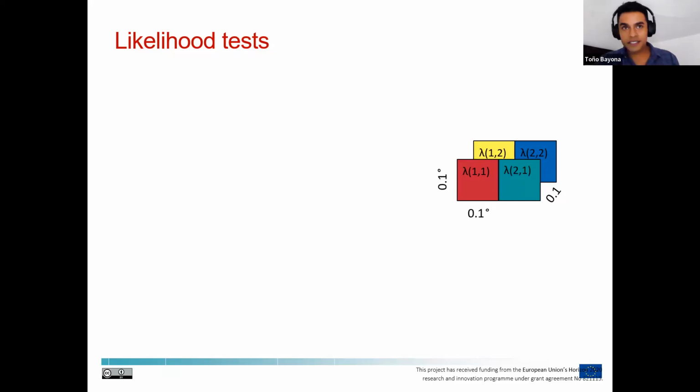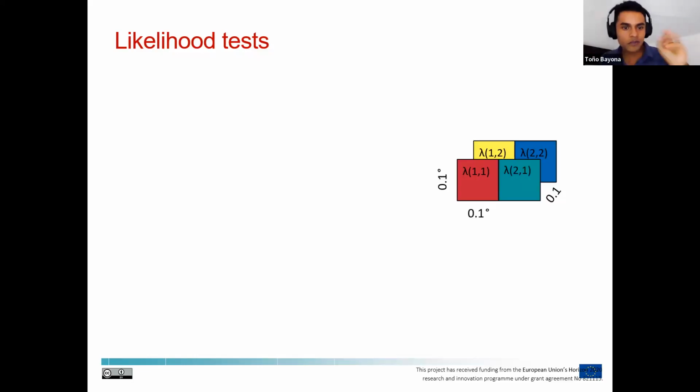At CSEP, we typically assume that the earthquake rate provided by the model is the correct earthquake rate, and we compute the probability of observing the real data under the model, under this assumption. It's another way to formulate how consistent the model's predictions and the observations are.